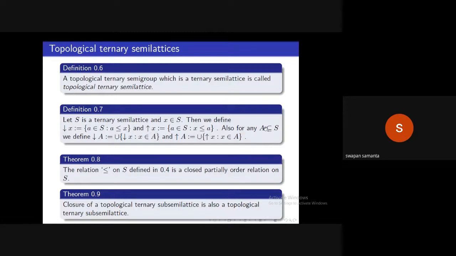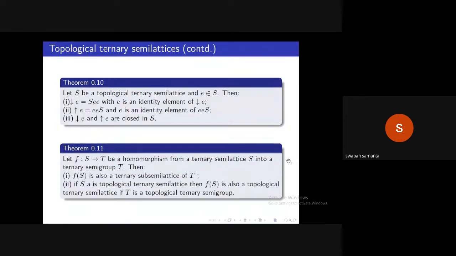If A is a non-empty subset of S, we define the lower set of the set A, which is nothing but the union of the lower sets of all elements x in A, and similarly we define the upper set of the set A. The relation which we have defined earlier is a closed partially ordered relation, and the closure of a topological ternary similarity is once again a topological ternary similarity, which follows from ternary semigroup theory directly.